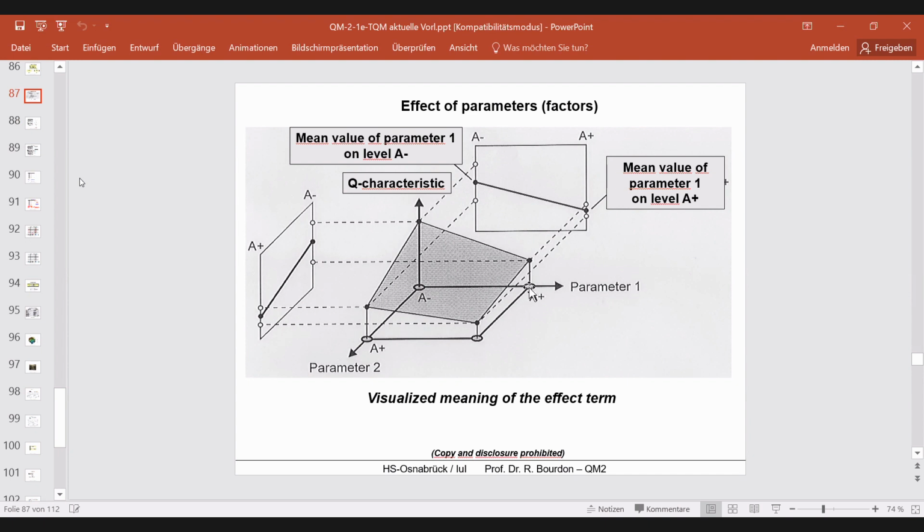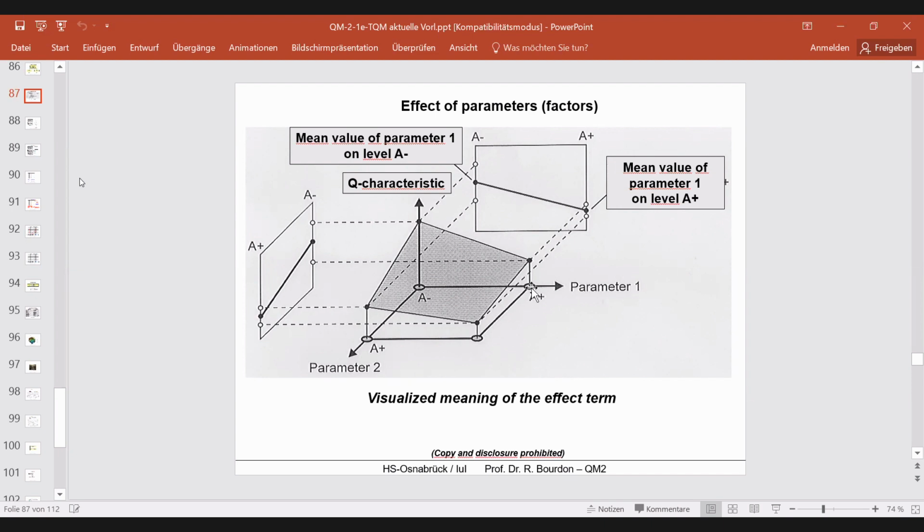So you can say, okay, minus is 200 degrees Celsius and plus is 240 degrees Celsius. And if parameter 2 is a pressure, you can say, okay, minus is 100 bar and plus is 1200 bar. So you have 4 experimental runs. Here you see a minus for parameter 1 and 2.